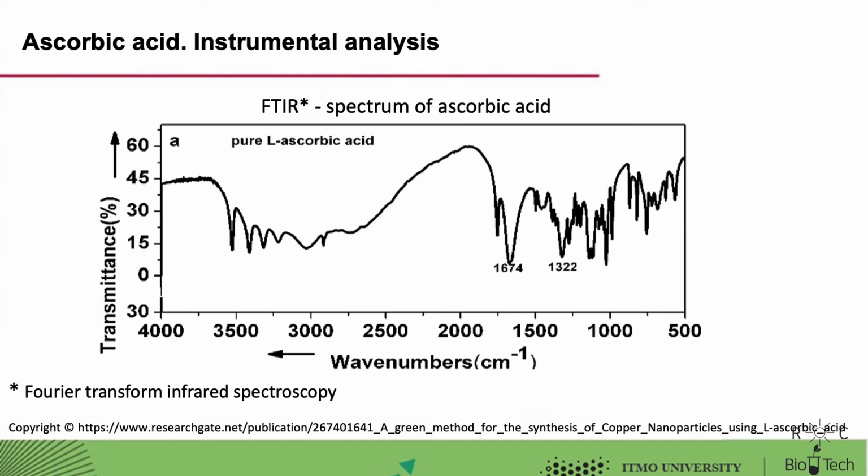If we carry out an analysis by the method of infrared Fourier spectroscopy, we will observe the following picture. IR spectroscopy is based on the interaction of infrared radiation with the substance under study. When infrared radiation is passed through a substance, vibrational movements of molecules or their individual fragments are excited.